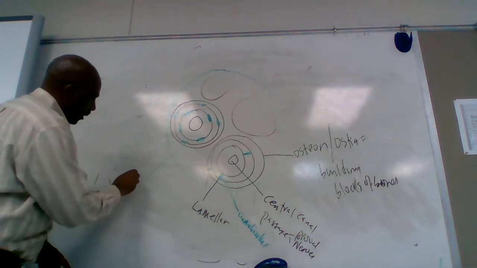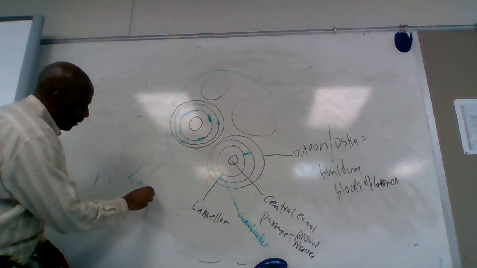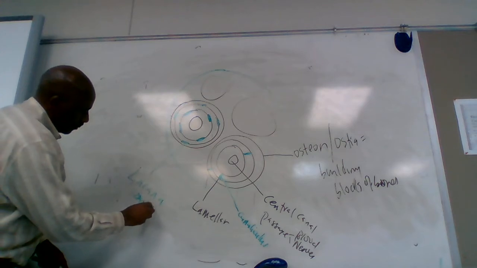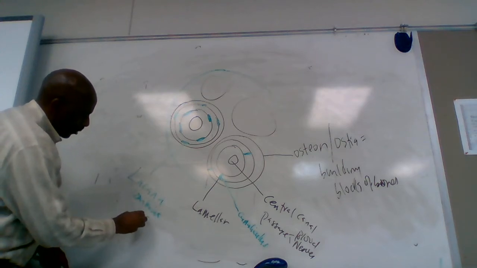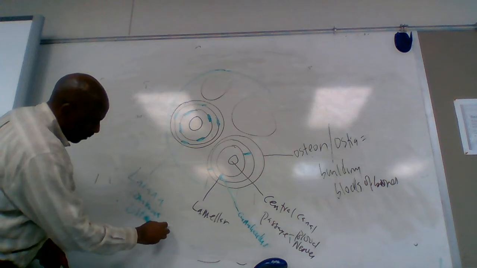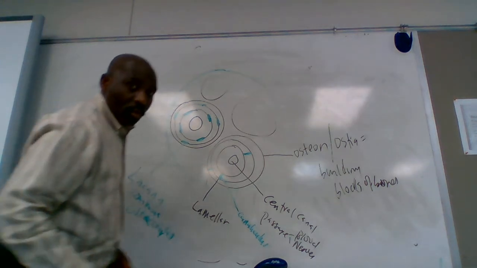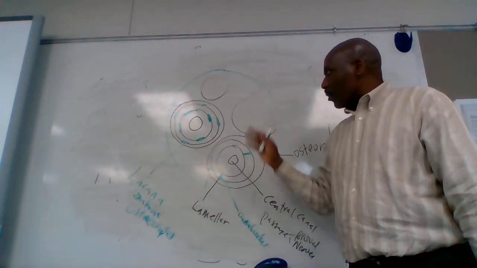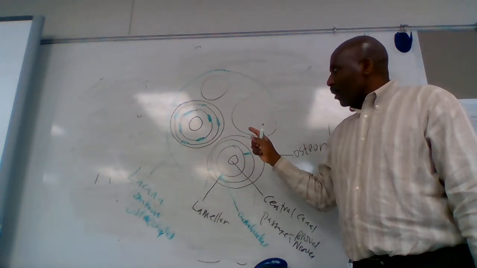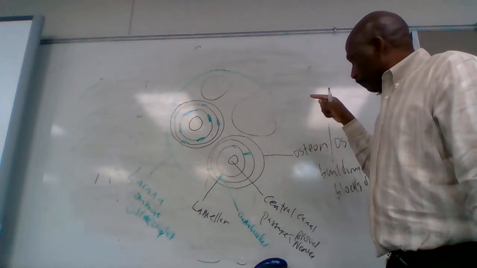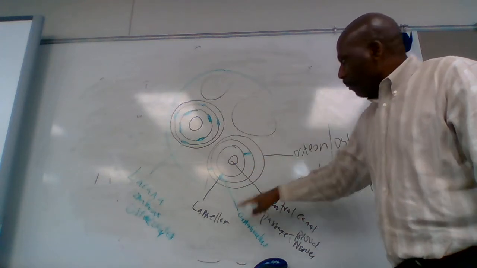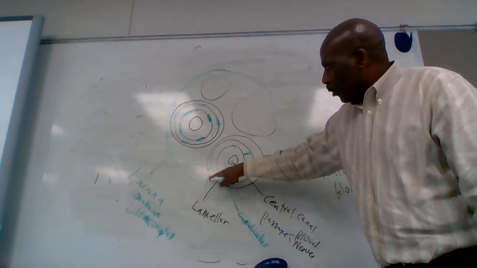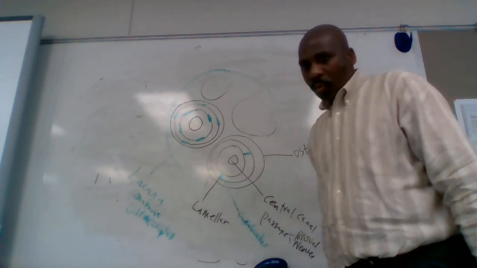One of these structures is called a lacuna, and the lacuna contains osteocytes. Osteocytes are the mature cells of a bone. So on the lamella is found lacunae, and the lacunae contain osteocytes.